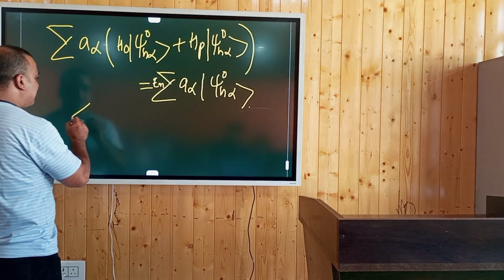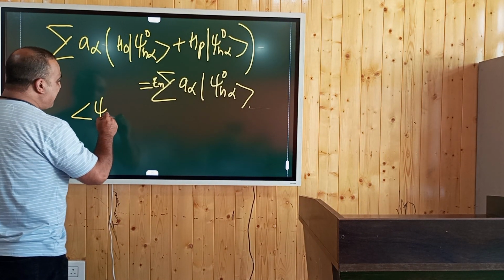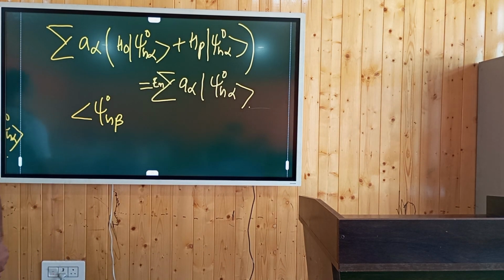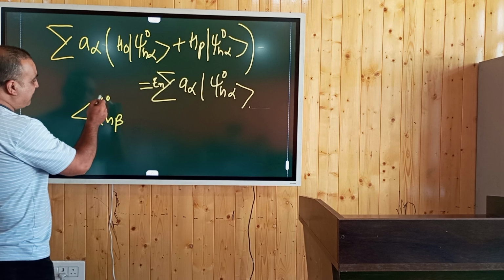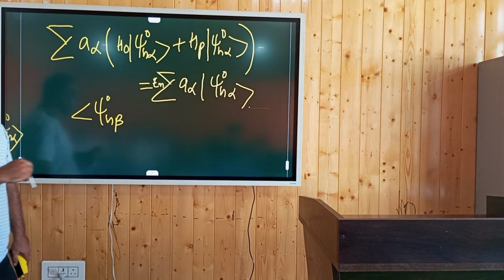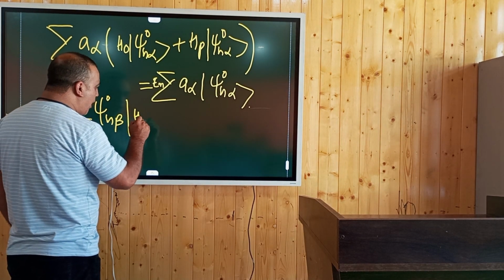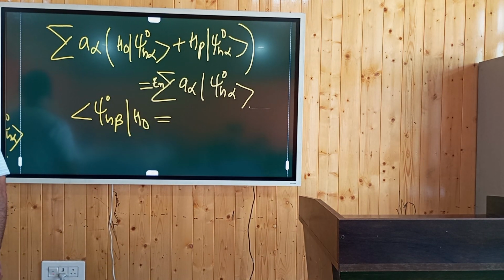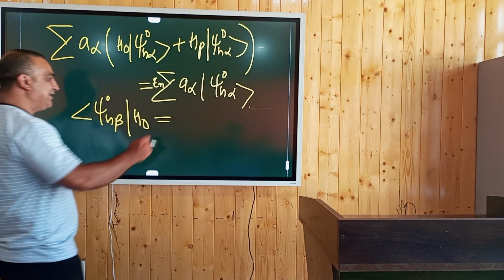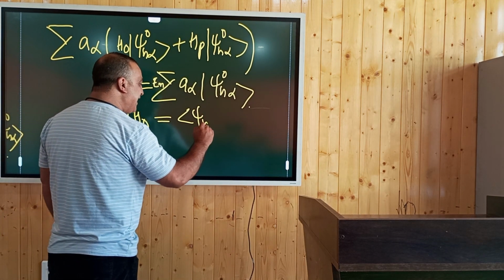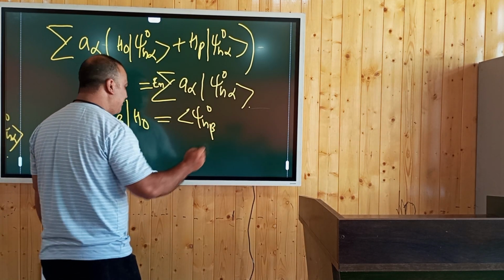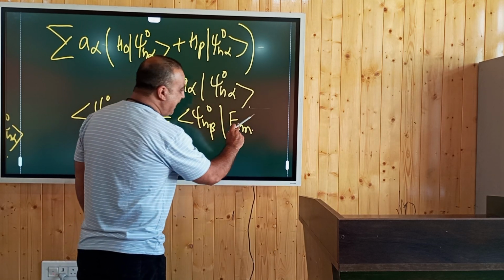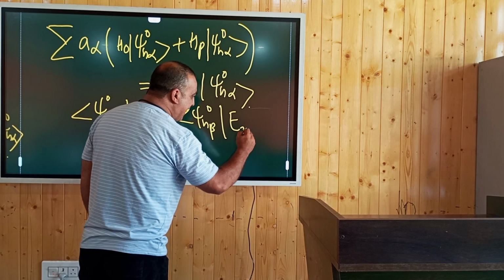Now let me introduce another basis in the same unperturbed framework, and let me introduce that as the bra ψ_β⁰. Okay? And if this bra ψ_β⁰ acts on H⁰, what will you get? Come on, what will you get? You will get ψ_β⁰ E_n⁰, sorry, it has to be E_β⁰.